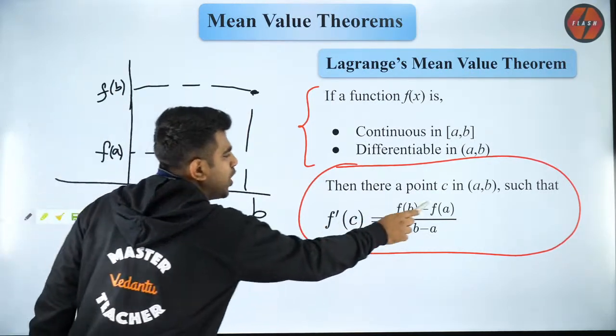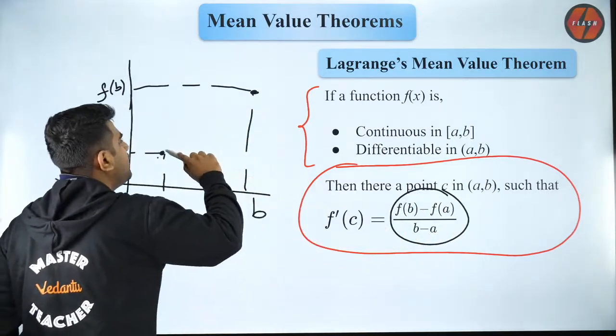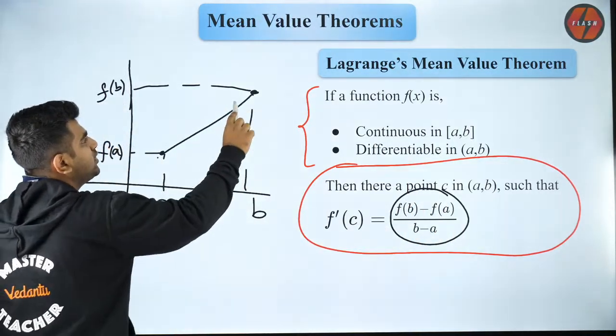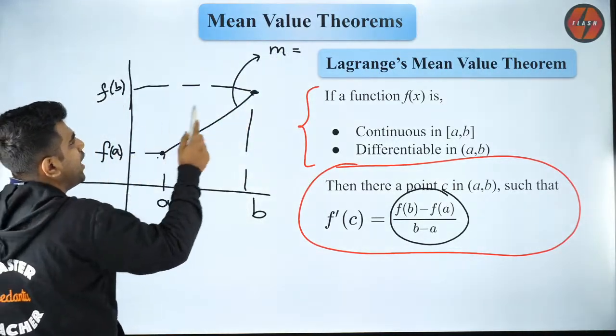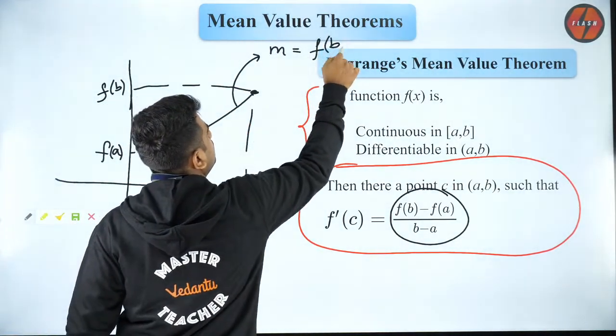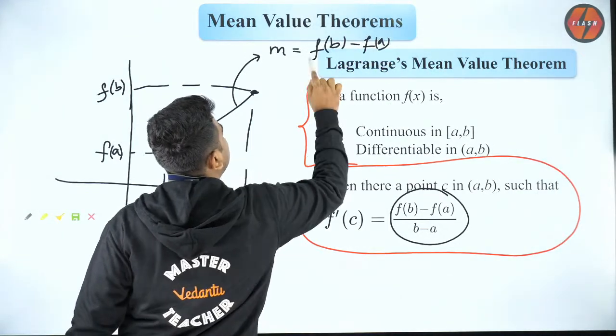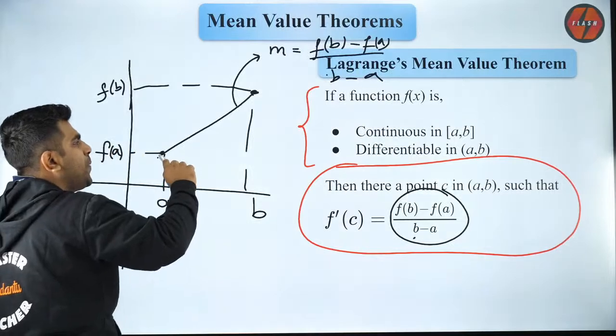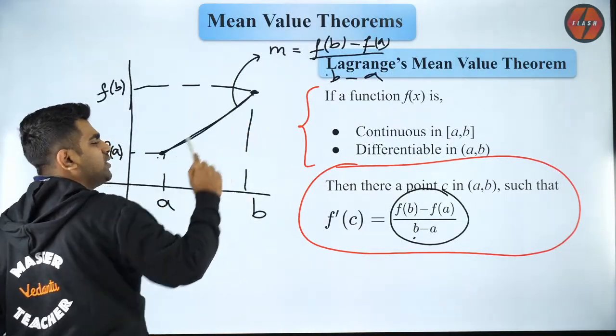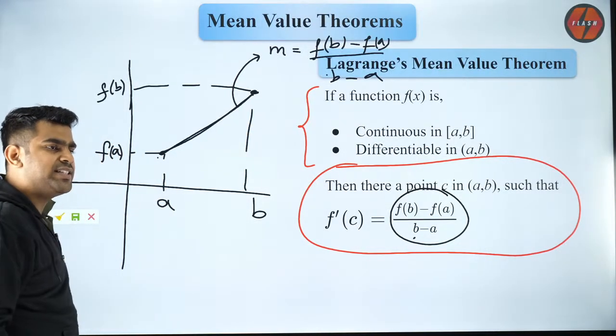So what is this quantity? If I draw a straight line, the slope of this straight line is equal to y2 minus y1 by x2 minus x1. So don't you think this is nothing but the slope of the straight line connecting these 2 points? Yes?